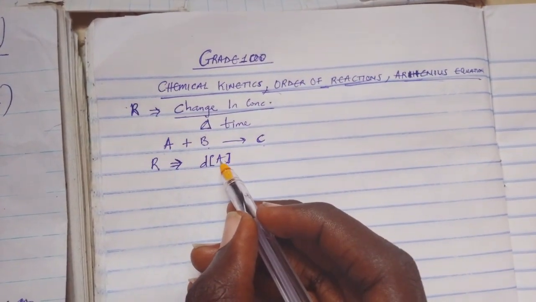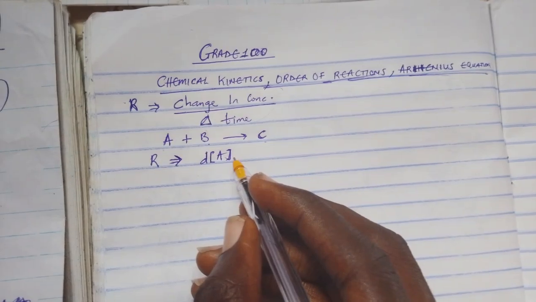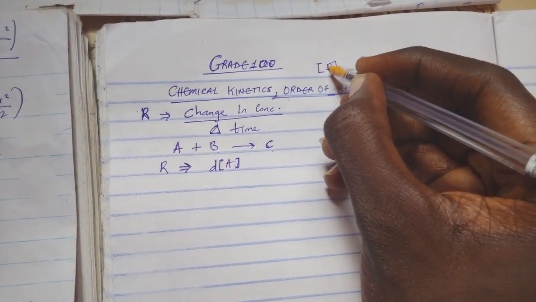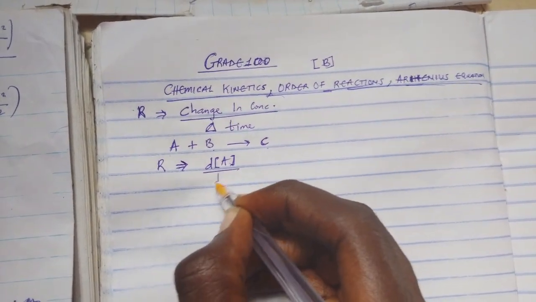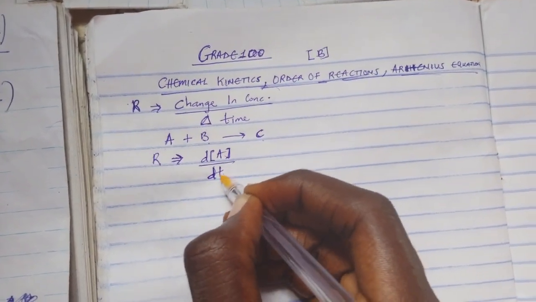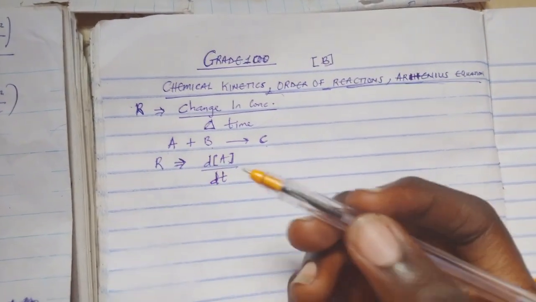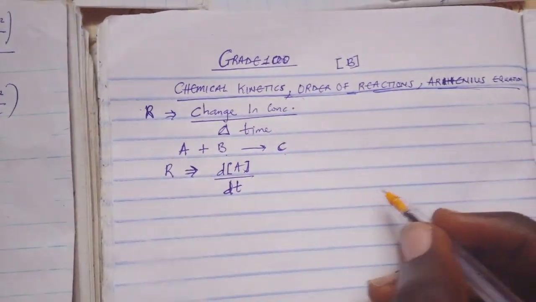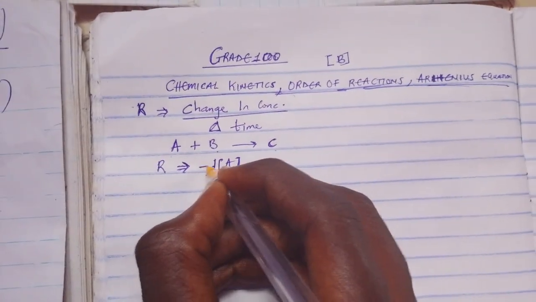When you put square brackets around A, it means the concentration of A, and square brackets around B means the concentration of B, because we can relate differentiation to rate of change. Because it is disappearing, we have to put a negative sign here.